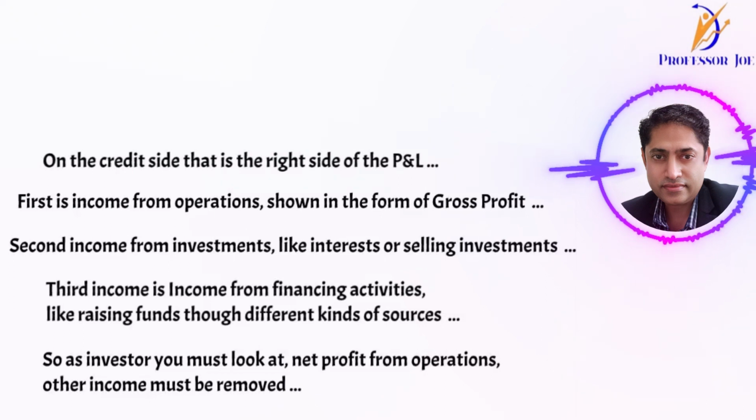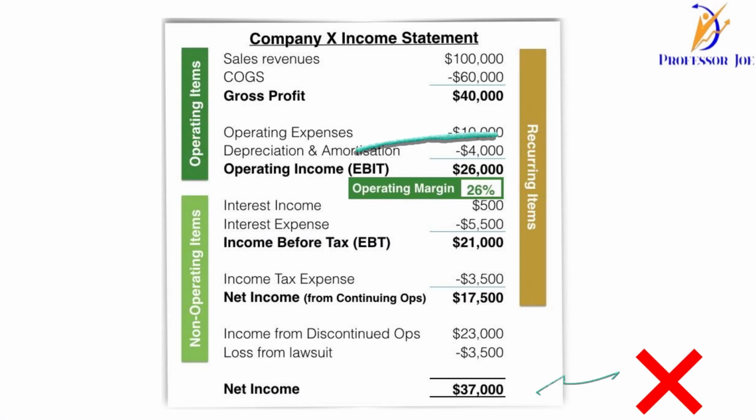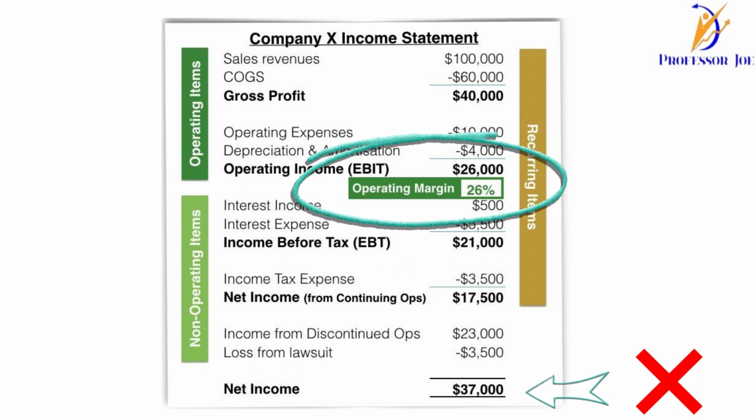That is why when you see a company showing net profit, you have to carefully analyze all the income sources, remove all the income coming from sources other than the gross profit, and then check the net profit.